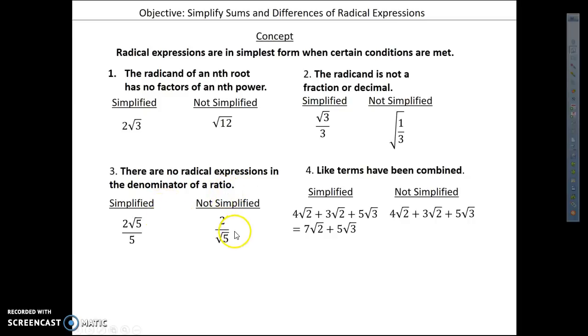Mathematicians are finicky. We hate having a radical in our denominator, so we go ahead and we get rid of this. This is not today's lesson, but we'll cover that coming up. Number 4, like terms have been combined. So you are in simplest form when you have added all like terms. Notice here I have 4 root 2 plus 3 root 2. Well, you have to combine these to be 7 root 2.